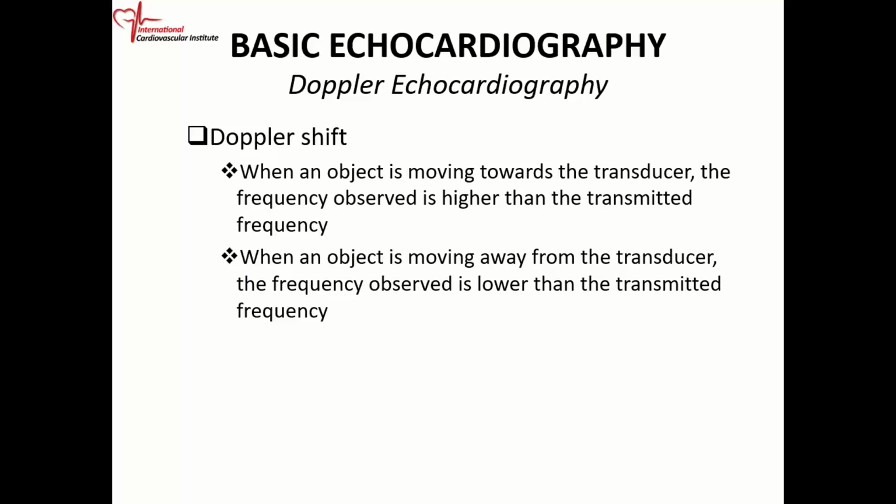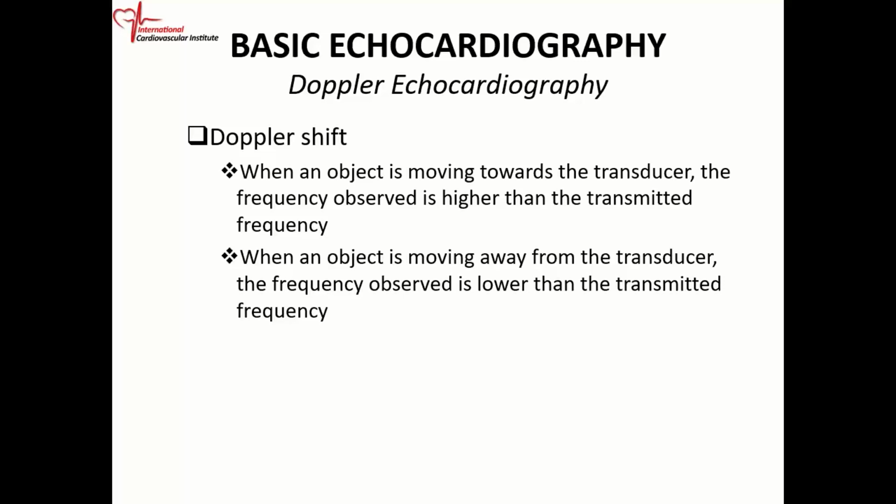The different heart structures are going to move to and away from the transducer. So when an object is moving towards the transducer, just like the Doppler effect, the frequency observed is higher than the transmitted frequency. So the perceived frequency is actually higher than the frequency that is actually being transmitted.